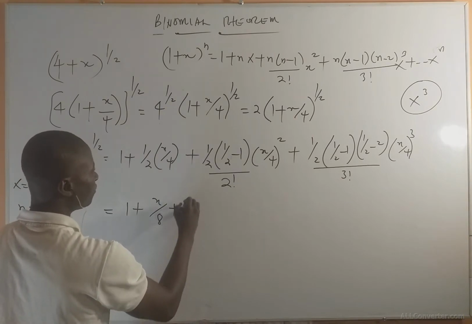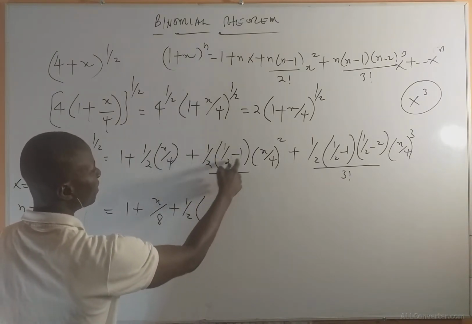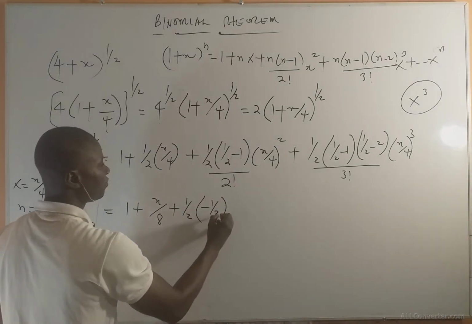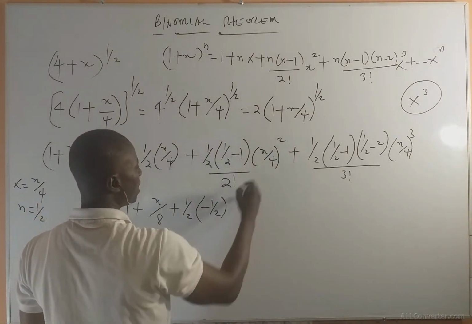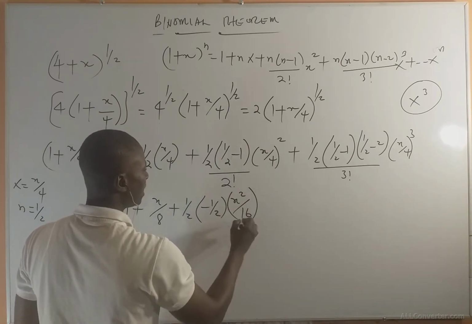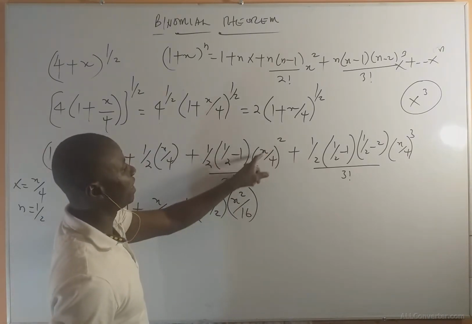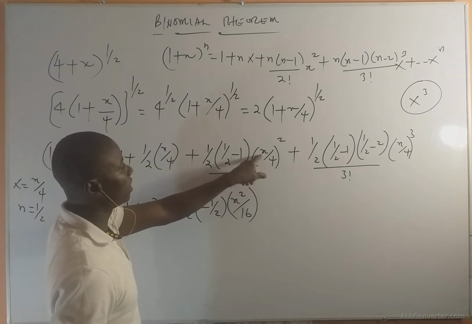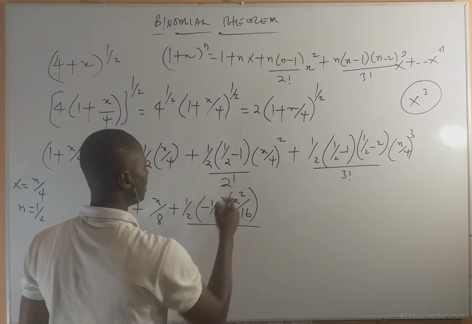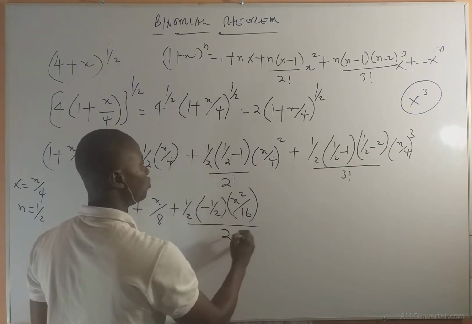Then we have half, and half minus 1 will be minus half, then x squared on 16, because the exponent 2 is affecting both the x and the 4 according to indices. So x squared, then 4 squared gives us 16. Then don't forget that 2 factorial is 2 times 1, and that is 2.